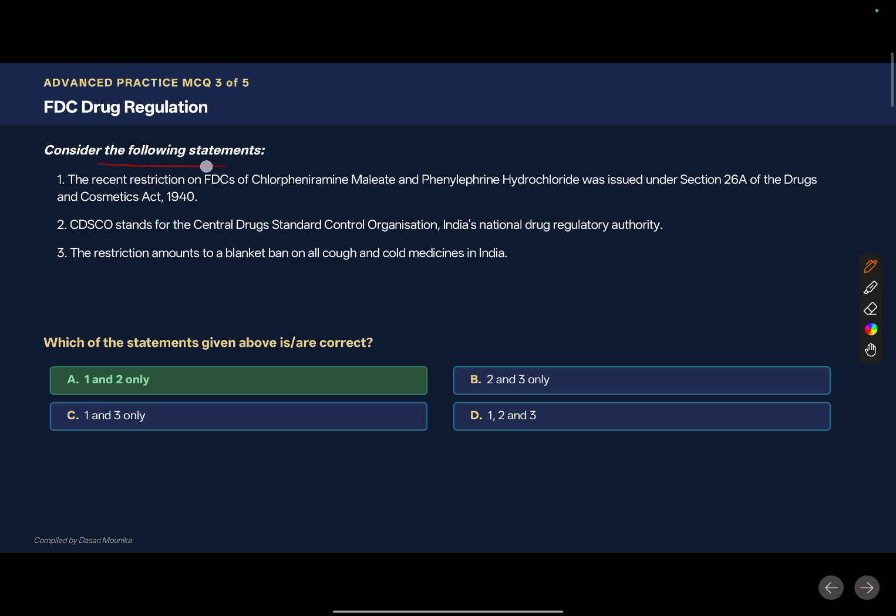Next, consider the following statements regarding FDC regulation. The recent restriction on the fixed dose combination of chlorpheniramine maleate and phenylephrine hydrochloride was issued under Section 26A of the Drugs and Cosmetics Act. Yes. The Central Drugs Standard Control Organisation is India's drug regulatory authority. Yes.